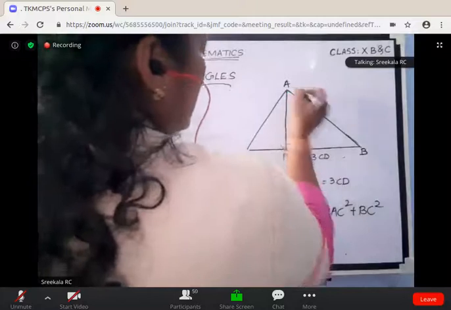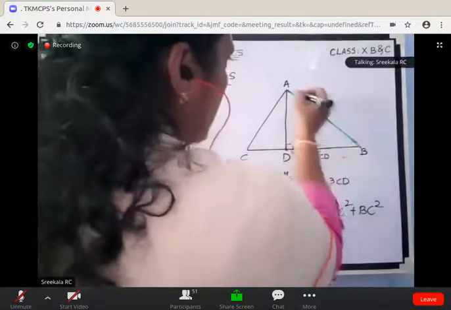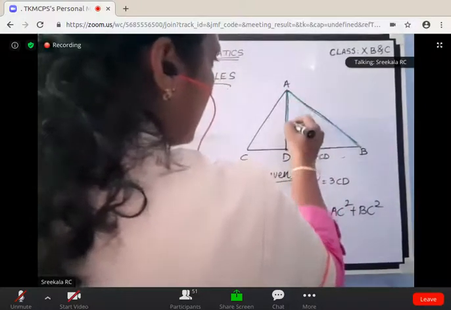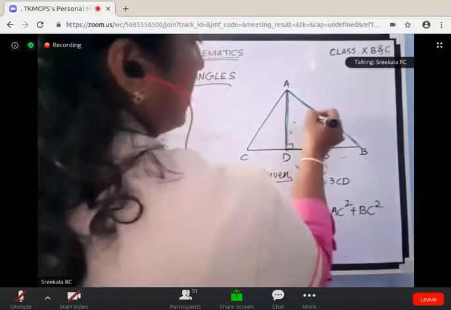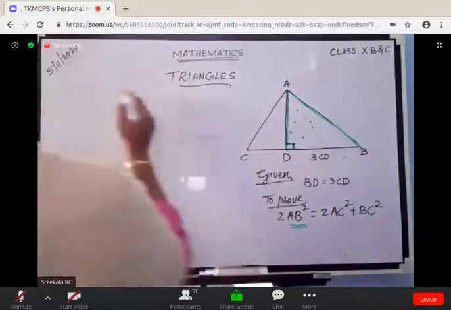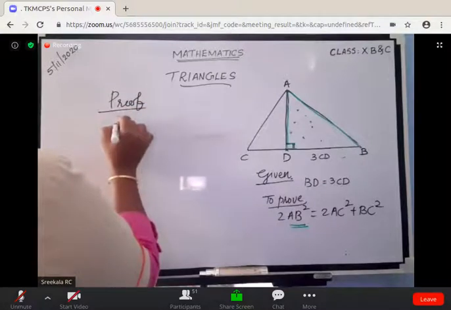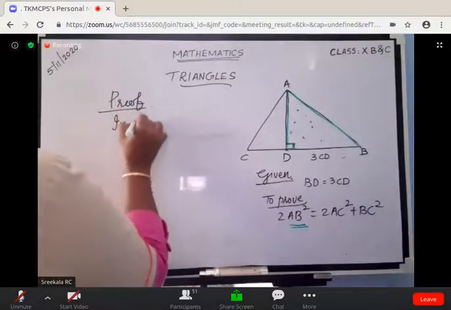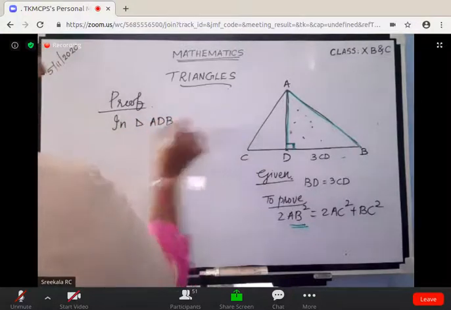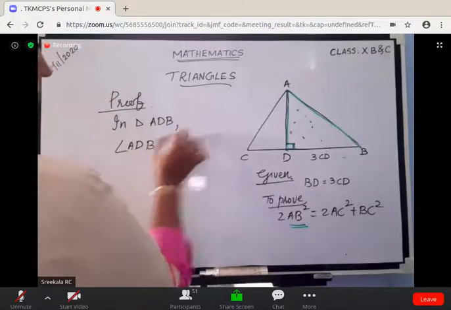Here this is AB, to prove AB square. So hypotenuse AB. Consider this triangle ADB. In triangle ADB, angle ADB equals 90 degrees.